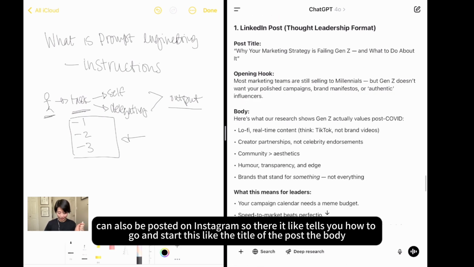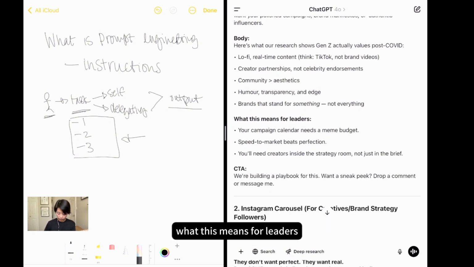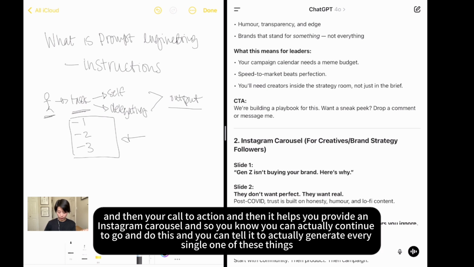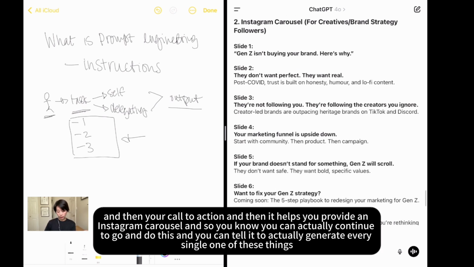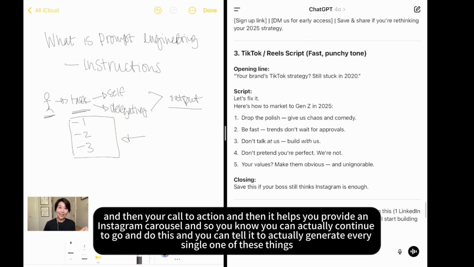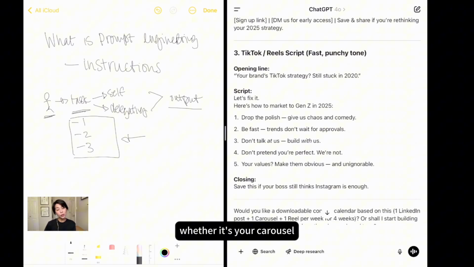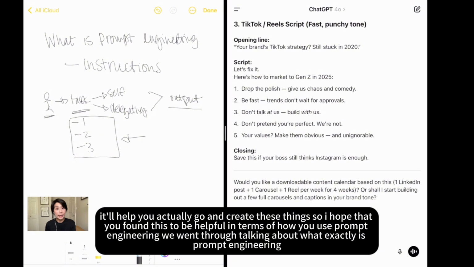It tells you how to start, like the title of the post, the body, what this means for leaders, and then your call to action, and then it helps you provide an Instagram carousel. You can continue to do this, and you can tell it to generate every single one of these things, whether it's a LinkedIn post or your carousel. It'll help you create these things.